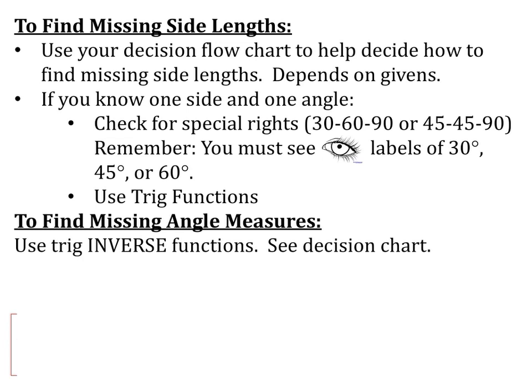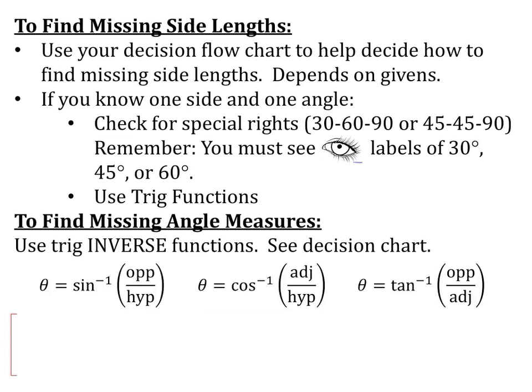Now, to find missing angle measures, you would use your trig inverse functions. Also see the decision chart. You have your three different inverse functions: sine inverse of opposite divided by hypotenuse, cosine inverse of adjacent divided by hypotenuse, and tangent inverse of opposite divided by adjacent.